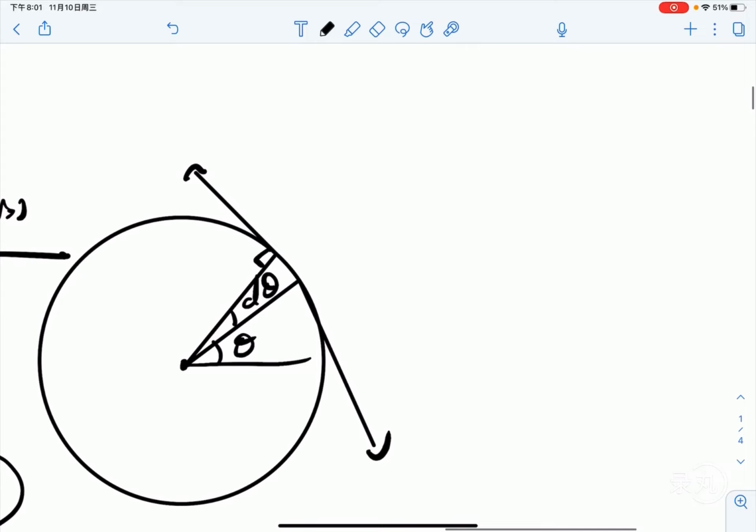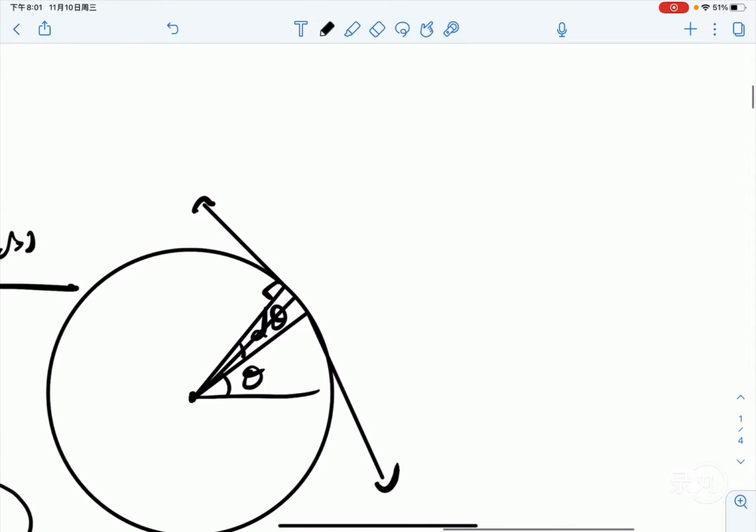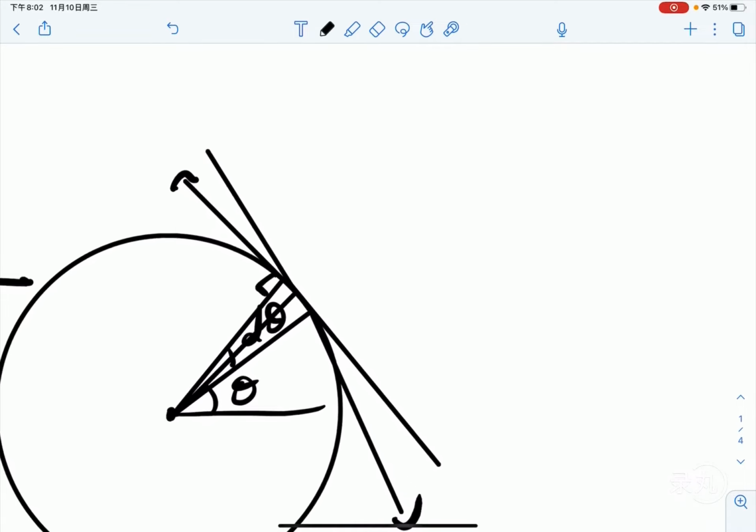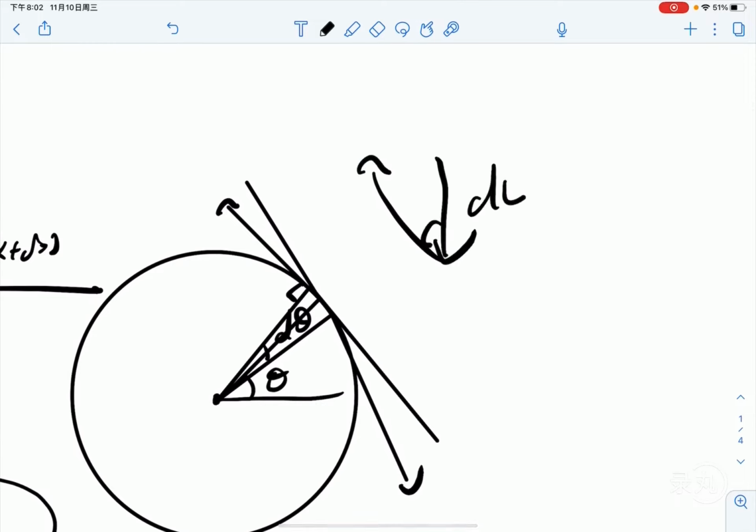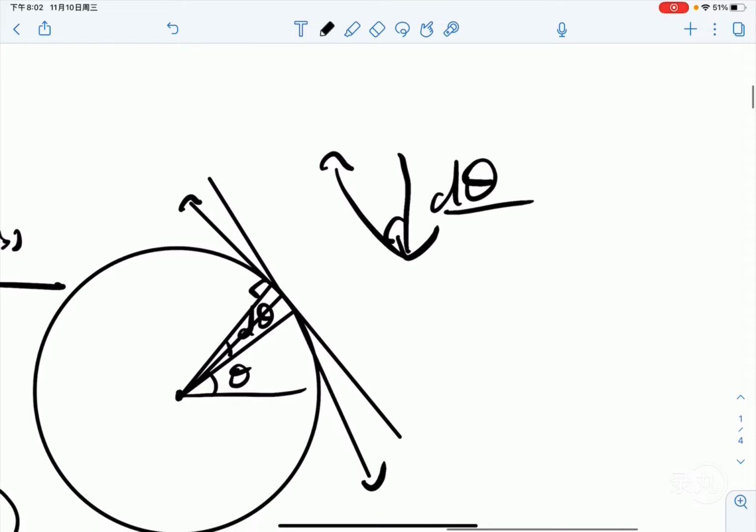If we draw a line over here which separates the two, we can see that the angle between the tensions is d theta, because it is just turning like this.